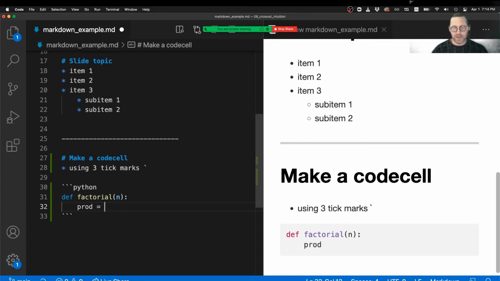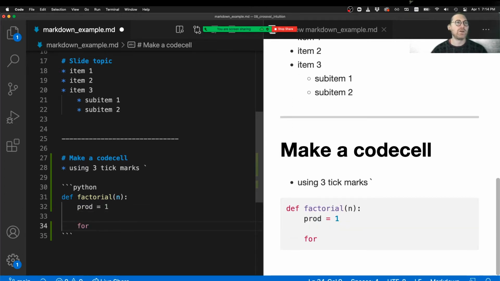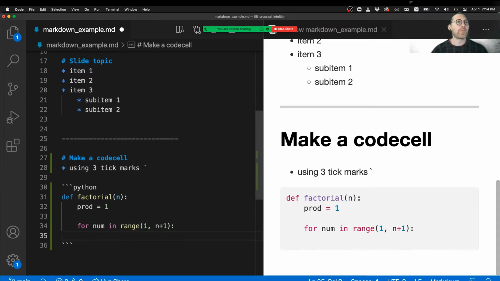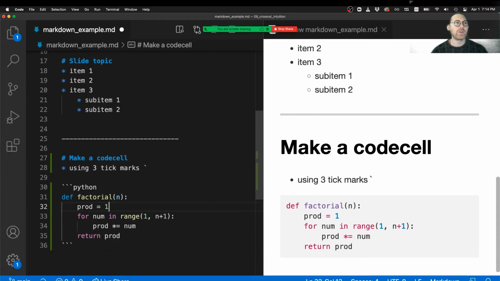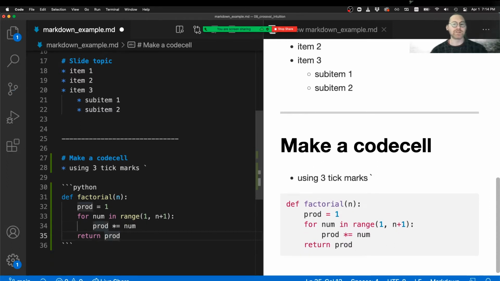So I'm going to say product, and for num in range 1 to n plus 1, and then prod gets num, and we can return the product. So that's nice, right? What this means is that you could make a notes document that is well organized very quickly that has copy-pastable code, right?